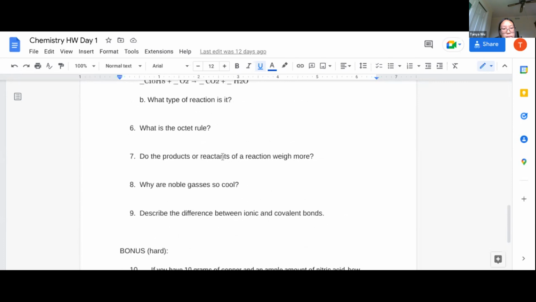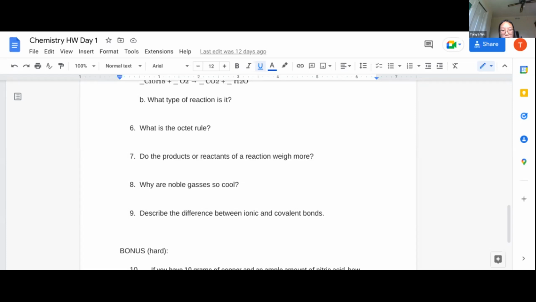Okay, the octet rule is when atoms want to have the same electron configuration as the closest noble gas. So they want that full valence shell, which is usually 8.